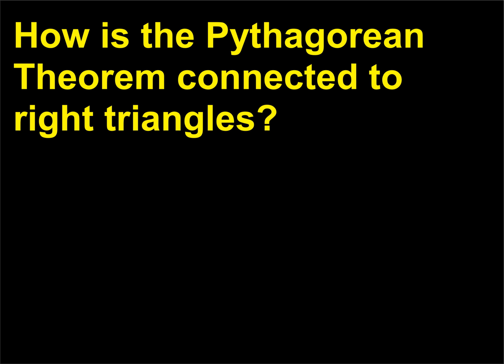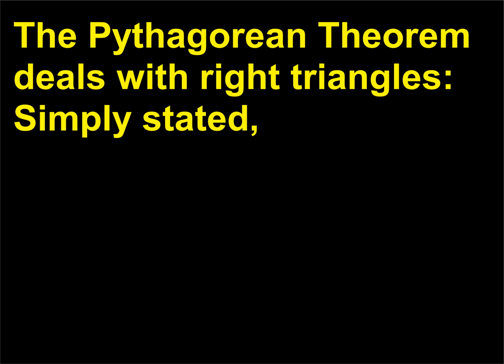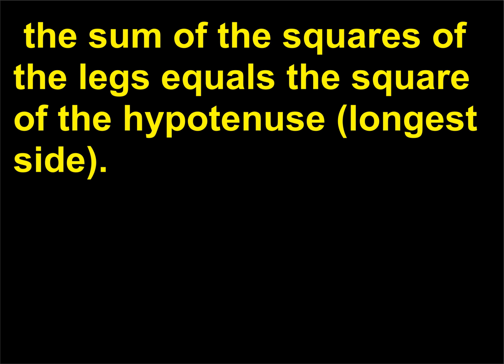How is the Pythagorean theorem connected to right triangles? The Pythagorean theorem deals with right triangles. Simply stated, the sum of the squares of the legs equals the square of the hypotenuse, the longest side.